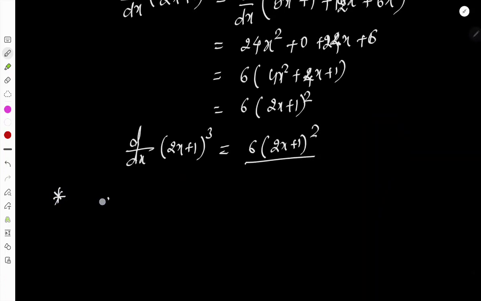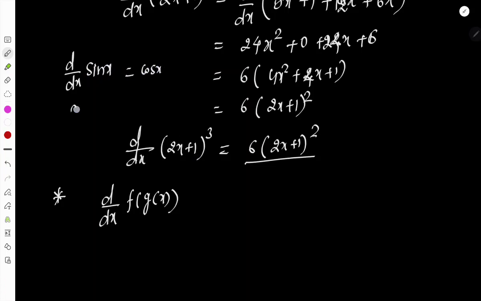dy/dx of f of g of x, meaning what? You know the derivative of f of x, like dy/dx of sin x, you know that is cos x, but you don't know dy/dx of sin x square. Then what to do? At the place of x, g of x is there, correct or not? At the place of x, x square is here.